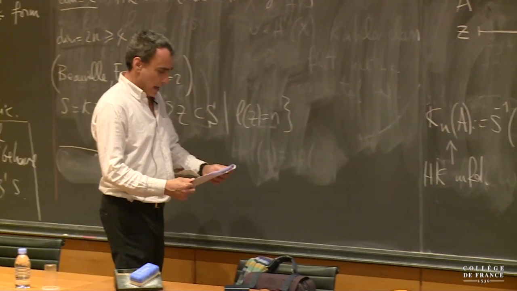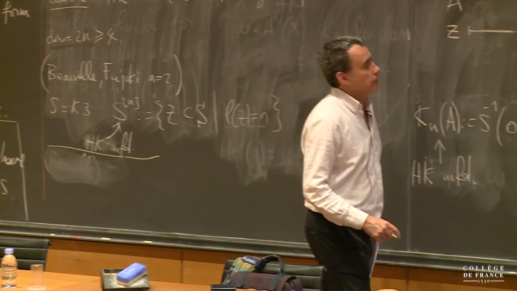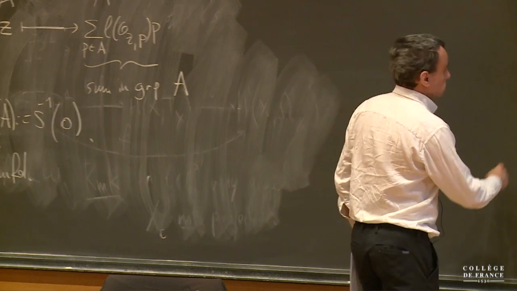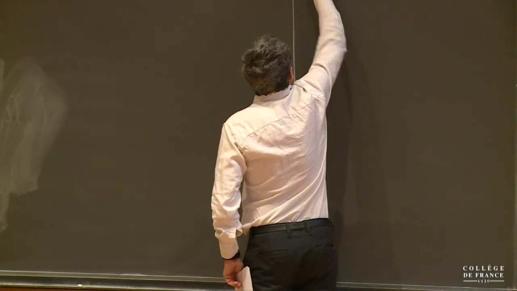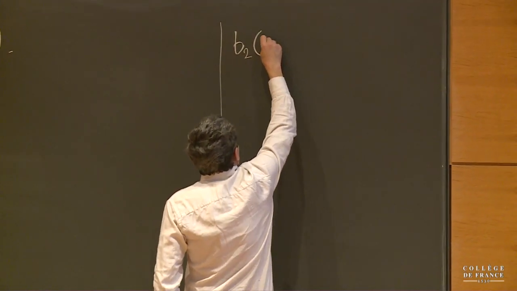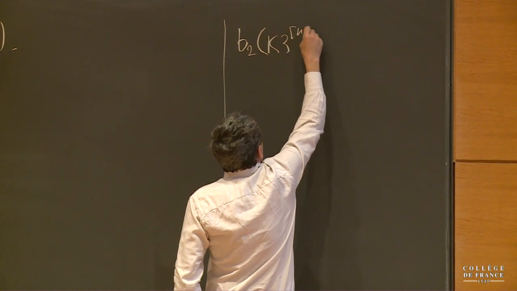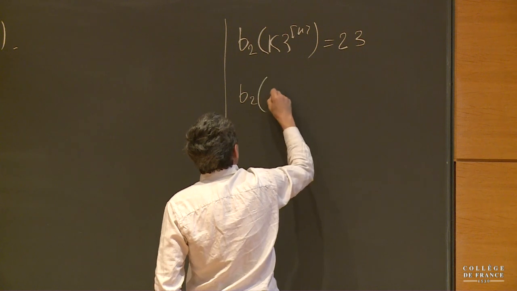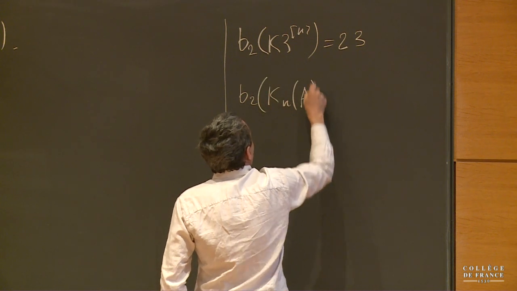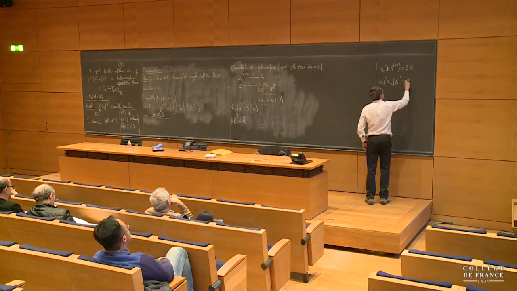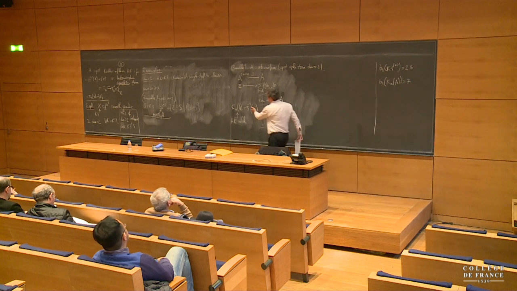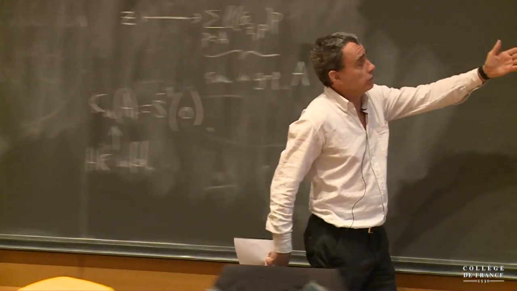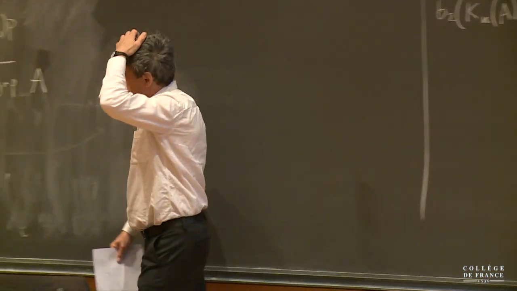And what happens is that B2 of the first example is 23, and B2 of the second example is 7. They both have dimension 2n, but certainly they're not deformation equivalent because they have different second Betti numbers.